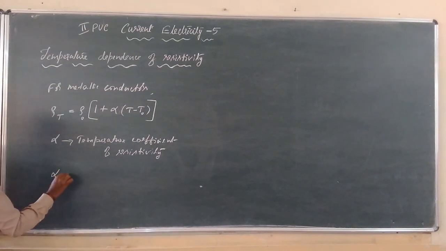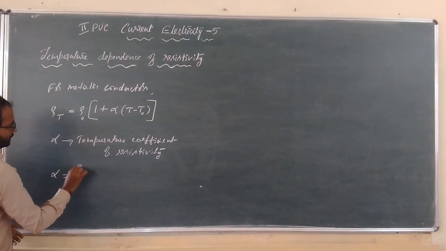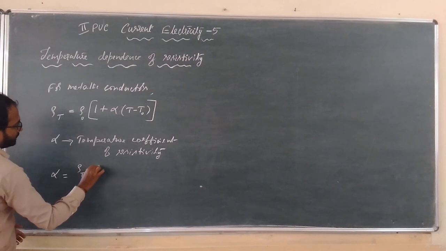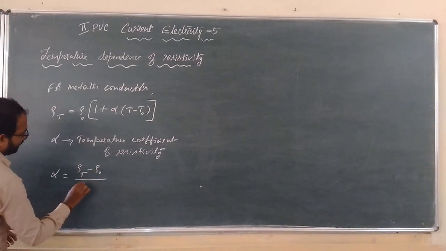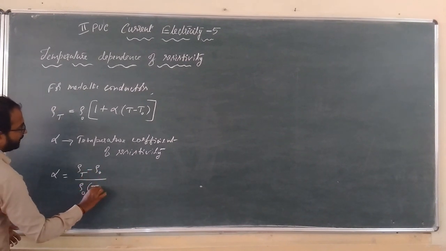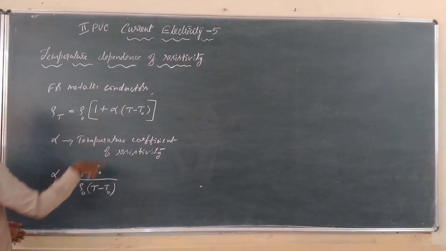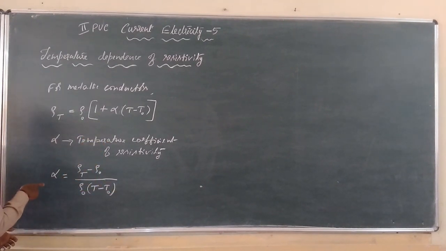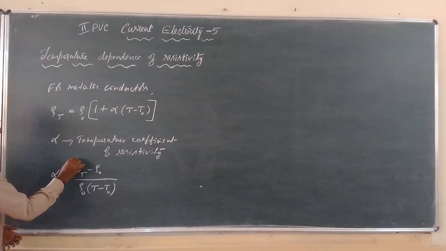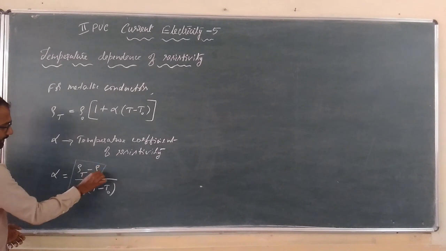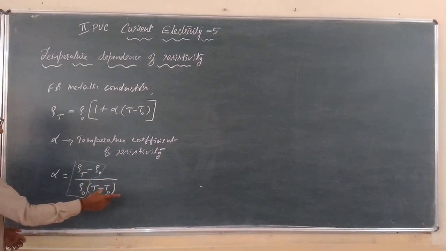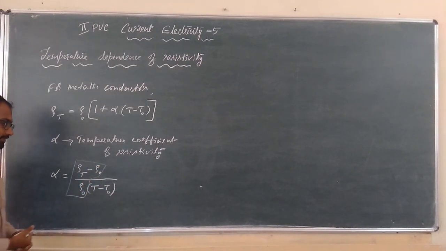So alpha is equal to (rho T minus rho naught) divided by rho naught into (T minus T naught). Simplify this expression. So that is the temperature coefficient of resistivity, which is defined as the fractional change in resistivity per unit rise in temperature.